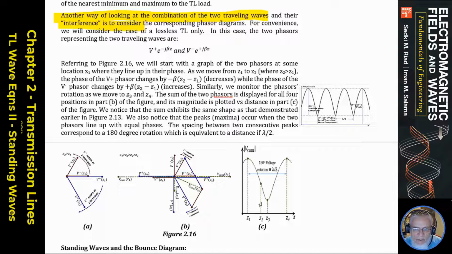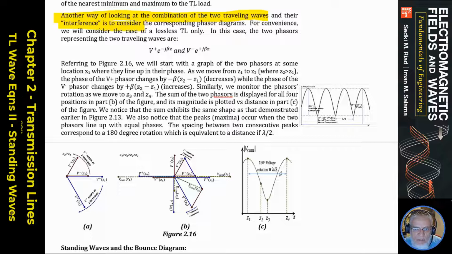That's a mixed wave situation, which is basically what we saw earlier in the diagram that we drew for the mixed wave. Now suppose the two are equal to each other. The V plus and the V minus are equal. What's going to happen is when they subtract here, they will give you exact 0. And the maximum will be twice as much, and the minimum will be 0.